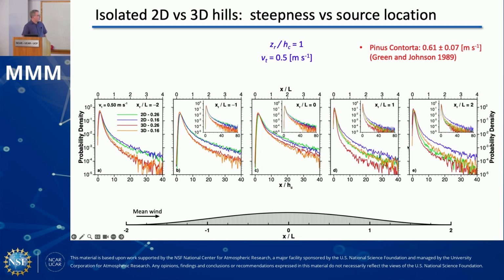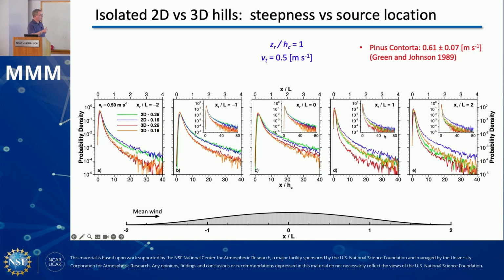But on the lee side of the hill, it's actually the 2D shallow hill case where the seeds travel the furthest, and that's tied to the fact that it doesn't separate and the wind speeds don't slow down so much. They actually are high wind speeds taking these seeds longer distances when they leave the top of the trees.